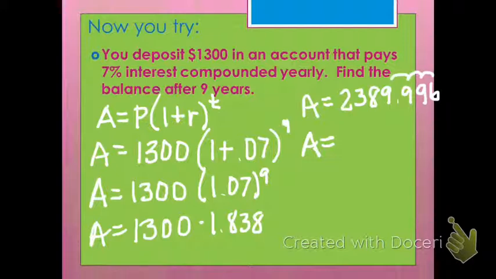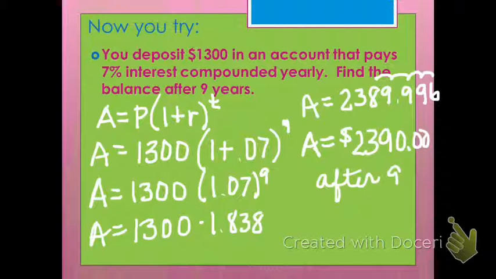So I actually end up with $2,390.00 after 9 years. So that tells us that I put $1,300 in an account. I left it alone for 9 years, and when I go back, it is now grown to $2,390.